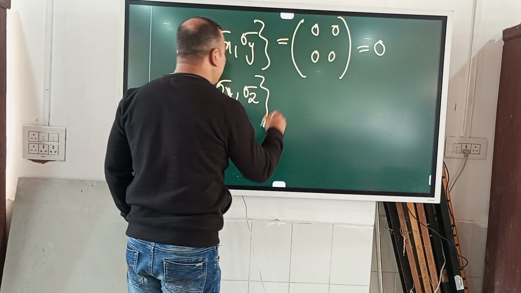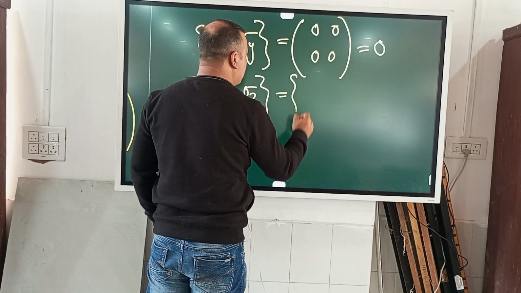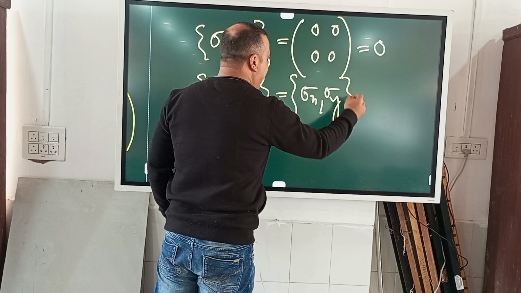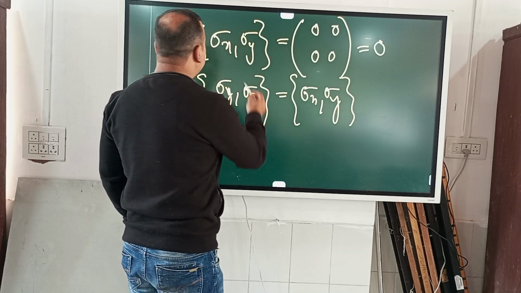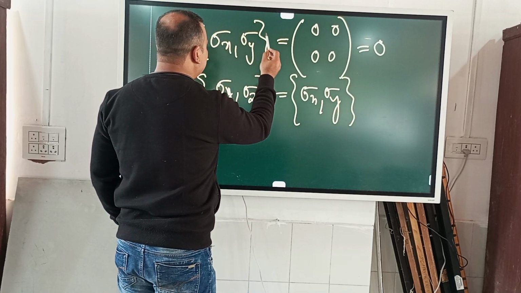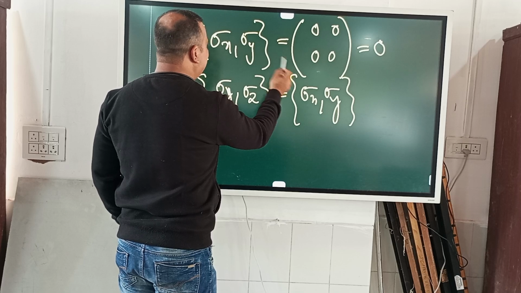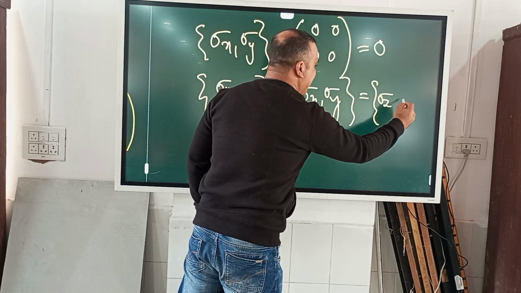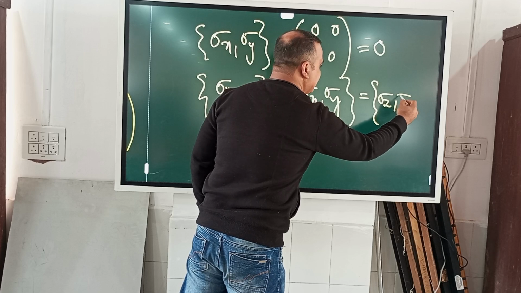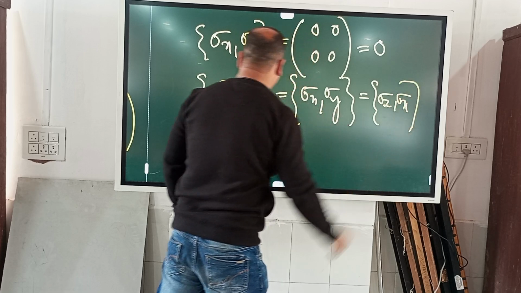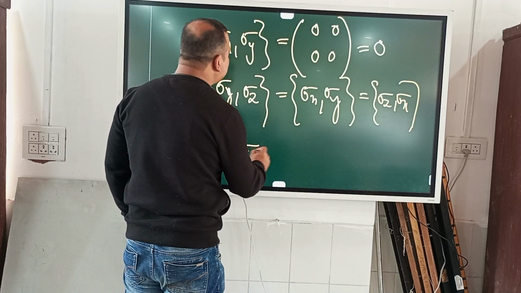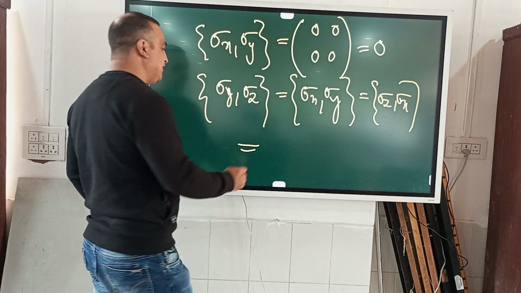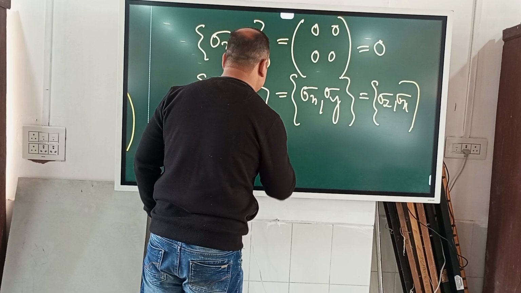So sigma y, sigma z, and sigma z, sigma x. The result of all these anti-commutation relations between the Pauli spin matrices will be equal to 0.